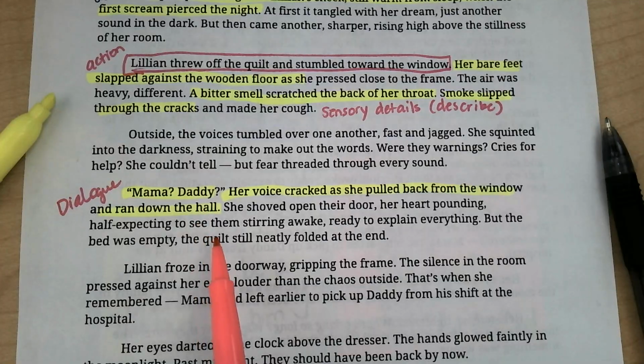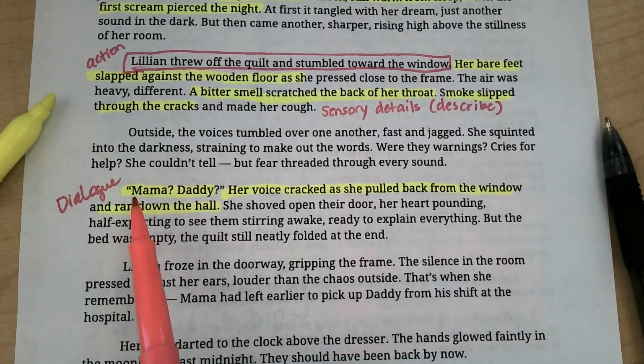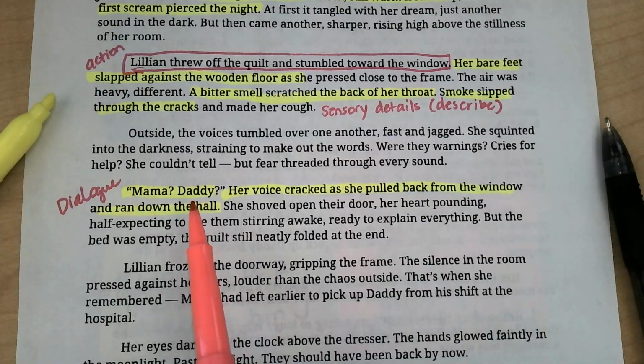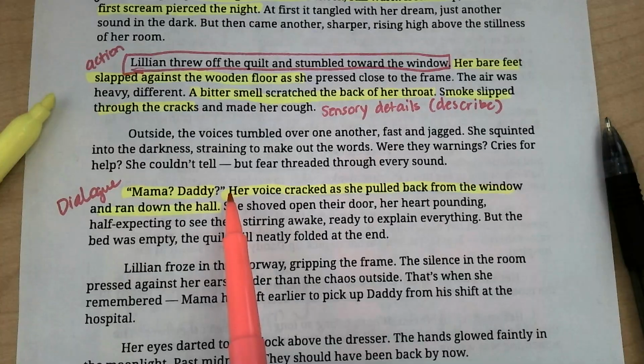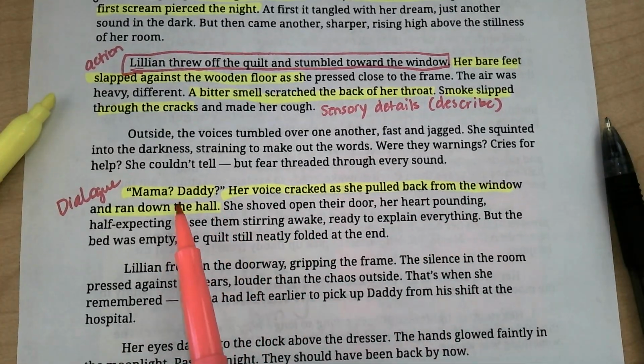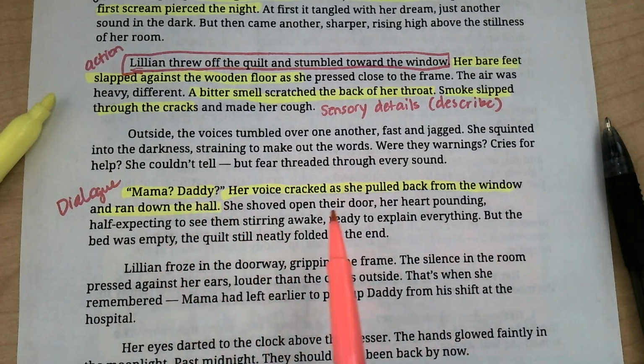If there were another speaker responding back to her right after that, I would have to put their dialogue on a separate line under that. They have to be separated so that the reader can know who's talking and tell the difference. But in this case, because this paragraph is all about this character, I can just include that information right after that.